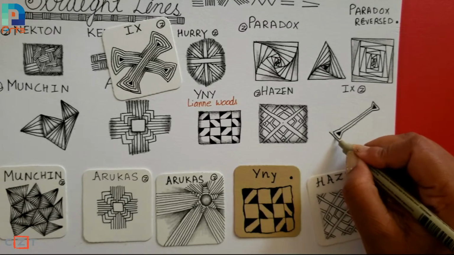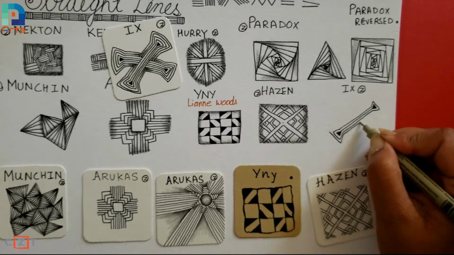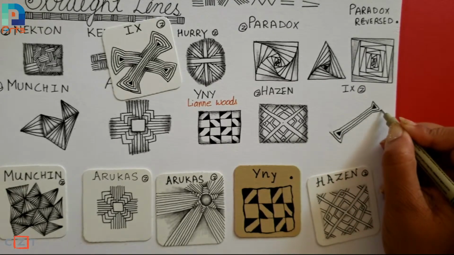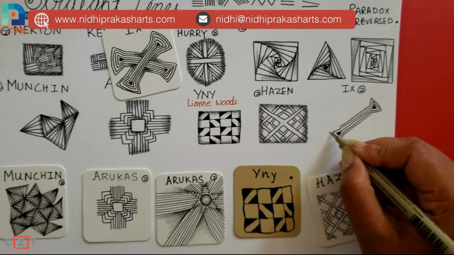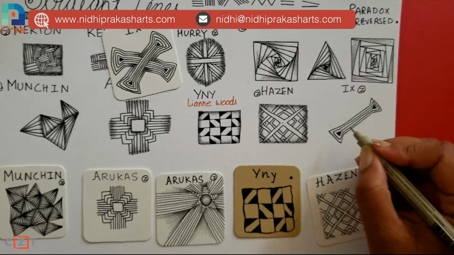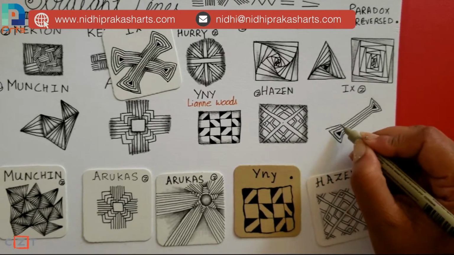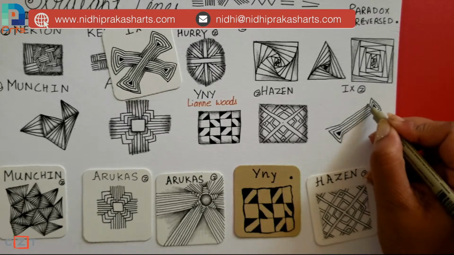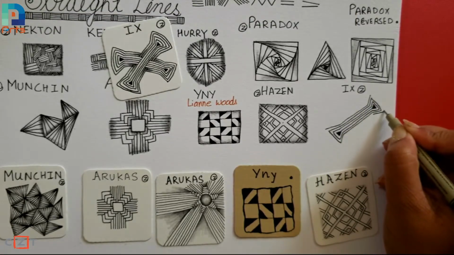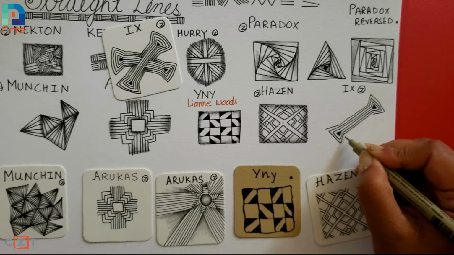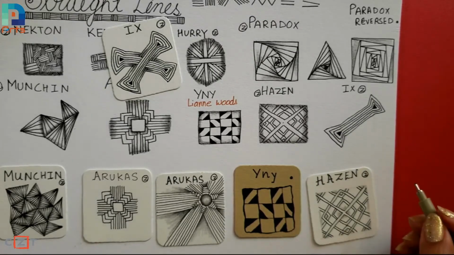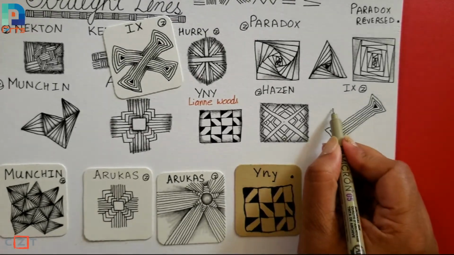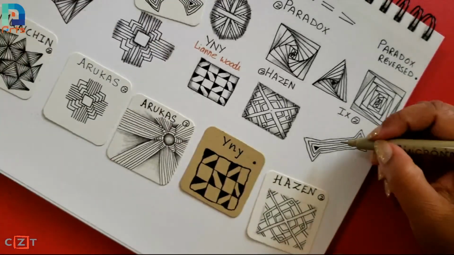And you keep on drawing these aura lines based on your tile requirement, however much area you want to fill. There is no hard and fast rule that you have to draw 2 aura lines or 3 aura lines. Draw this as big as you want and then you draw in the other direction.